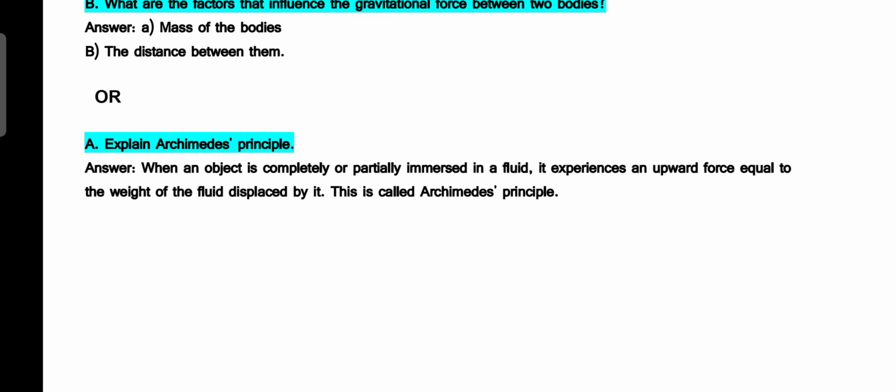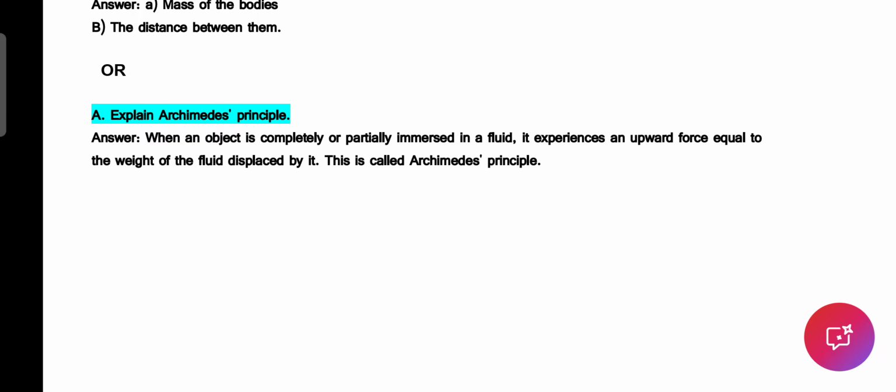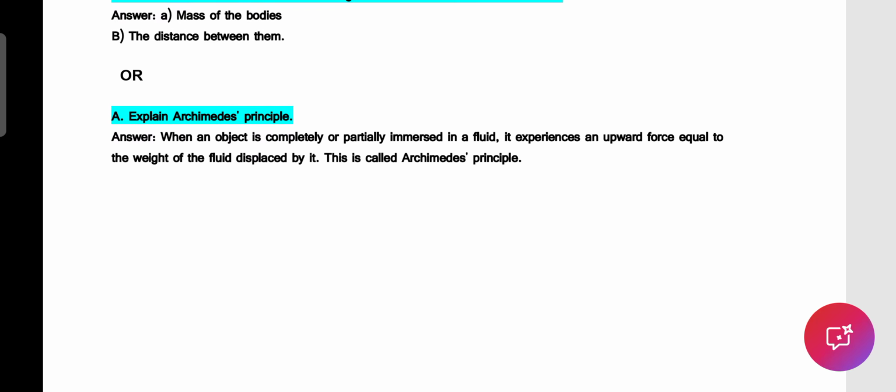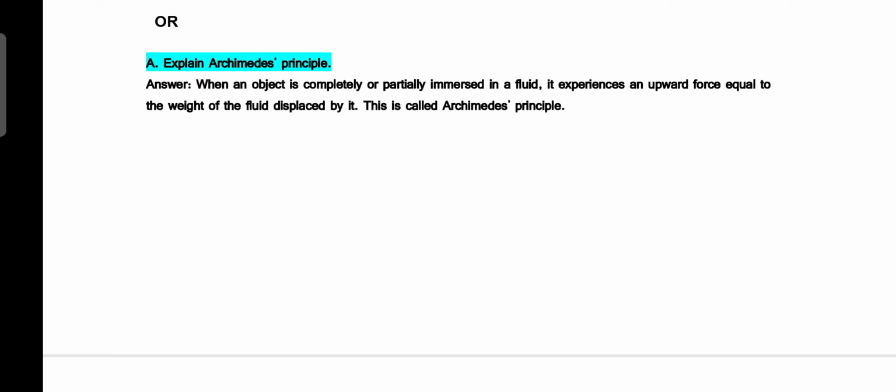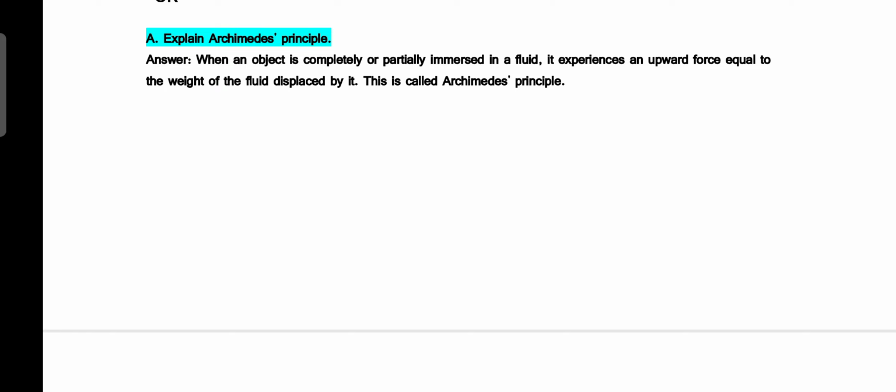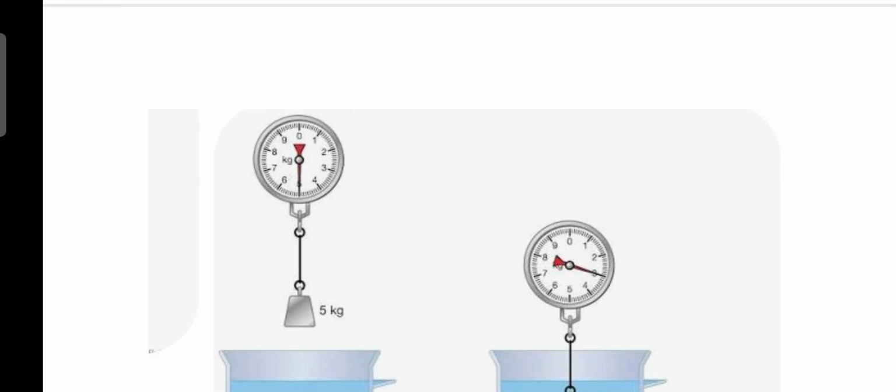Now let us come to the next question, that is the choice question. Explain Archimedes' principle. When an object is completely or partially immersed in a fluid, it experiences an upward thrust, or a force, which is equal to the weight of the fluid displaced by it. That is the Archimedes principle.